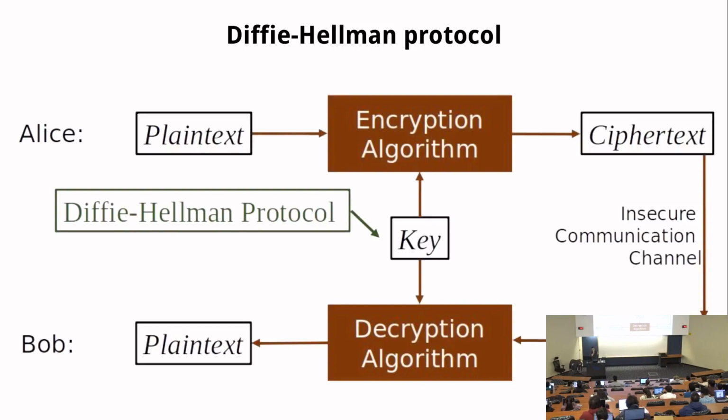So before, we used symmetric key crypto to encrypt the communication between Alice and Bob. Alice and Bob can use the Diffie-Hellman protocol to negotiate a key and use that key for the encryption afterwards. However, this protocol is not perfect. Well, this is a lesson here.